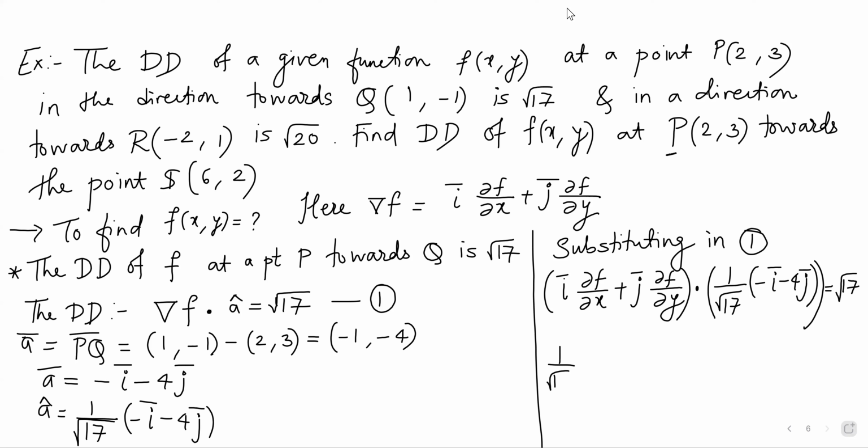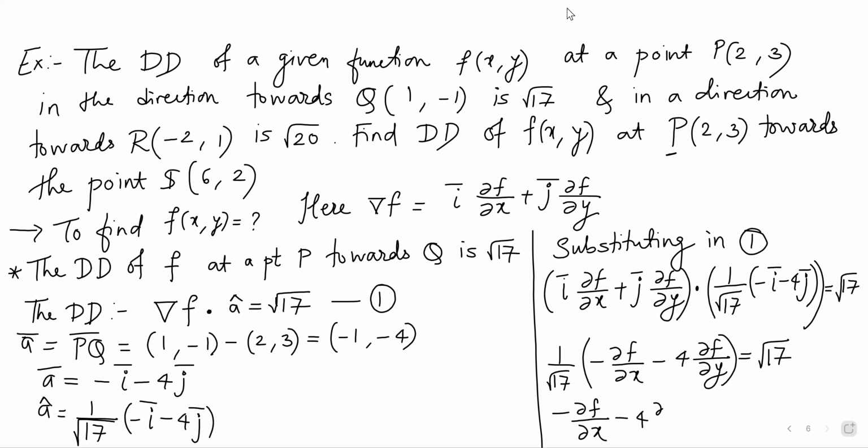So 1 by root 17 times minus del f by del x minus 4 times del f by del y is equal to root 17. So I'm getting that, root 17 you take to the other side. So we call this Roman 1, okay, this is our Roman 1 equation.